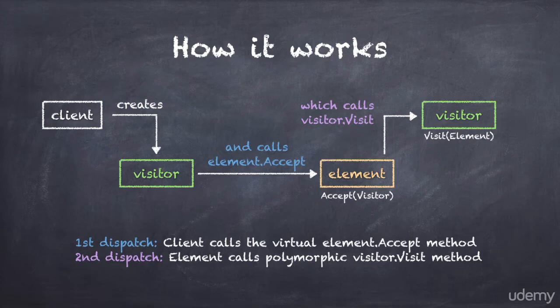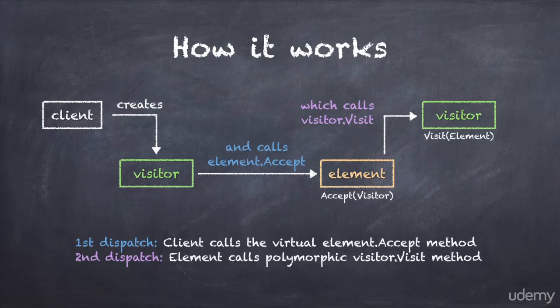Now, this pattern uses two object-oriented tricks to implement double dispatch. When calling the accept method on an element, the .NET Framework calls the correct virtual accept method corresponding to the element type. This happens at runtime, and this is the first dispatch. The accept method then calls the visitor's visit method and provides the this pointer as an argument.